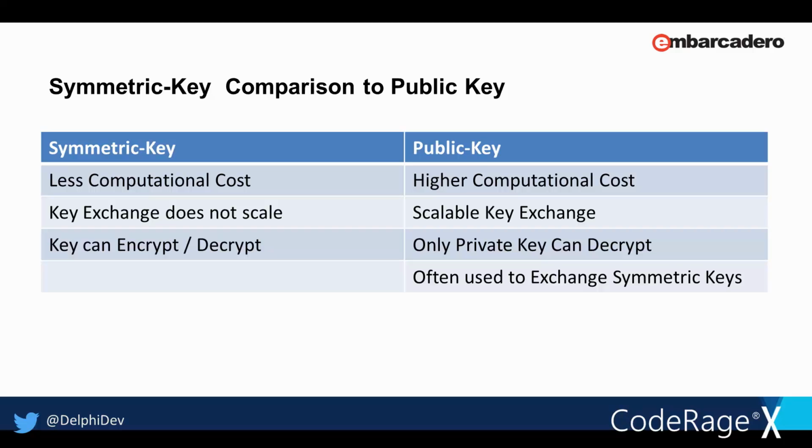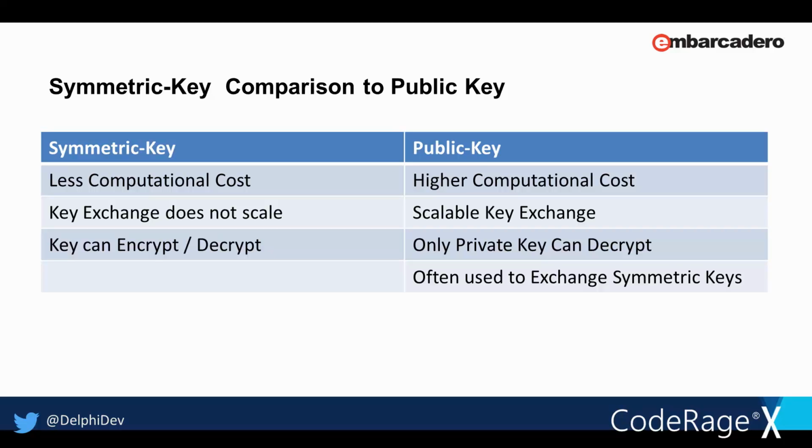Let's take PGP, for example. PGP is a way of encrypting messages so that only a given set of receivers can decrypt the message. So I could say I'm going to send this message to 3 different people, and they've all given me their public key.